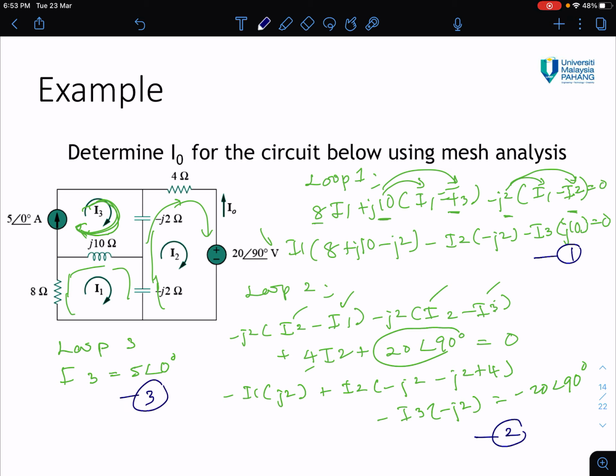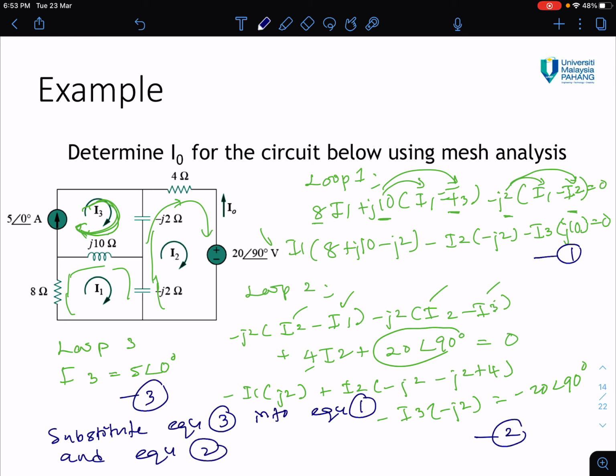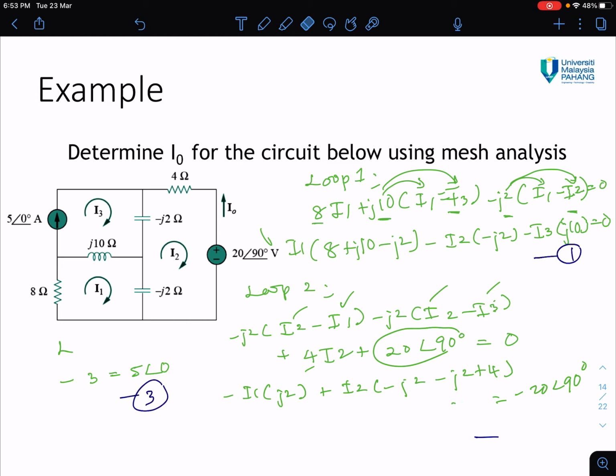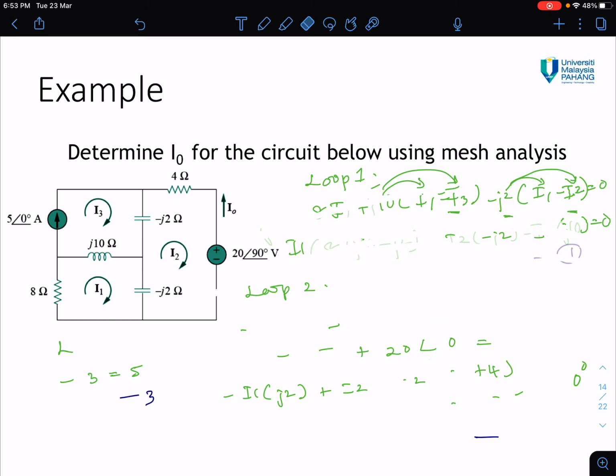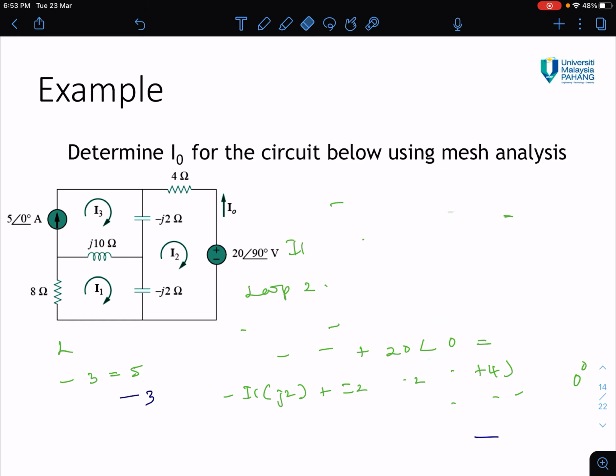Now your job is to substitute equation 3 into equation 1 and equation 2. You need to work it out. I will write what the answers are for the final equations after you finish substituting. I need to write everything so we can see it very clearly.